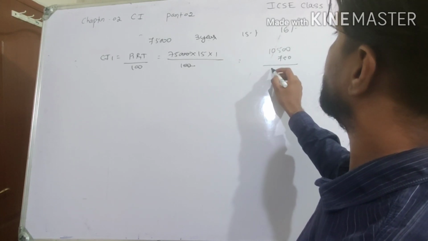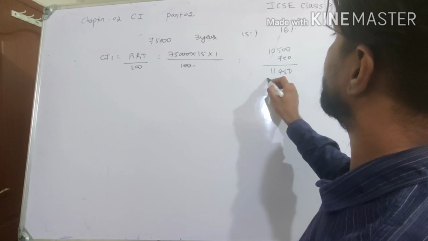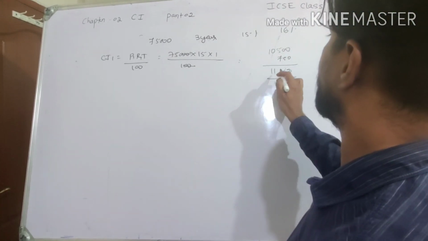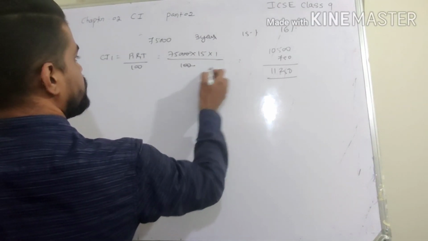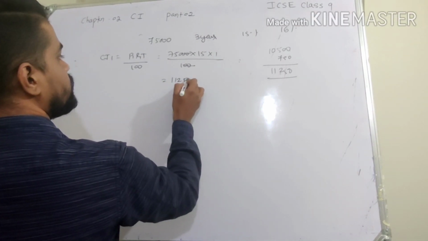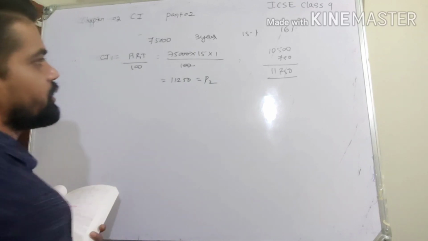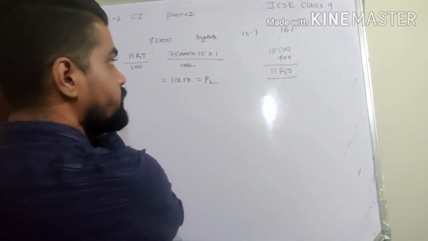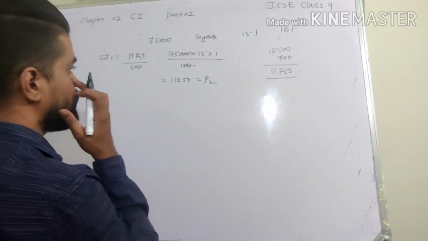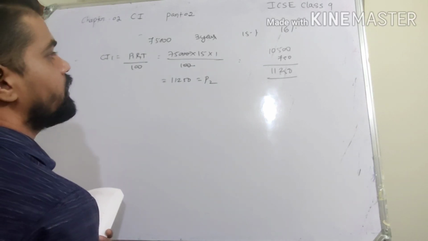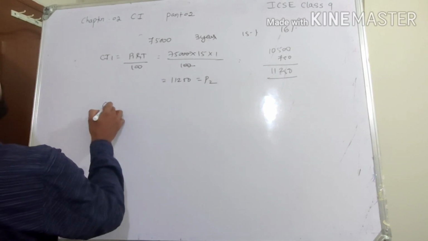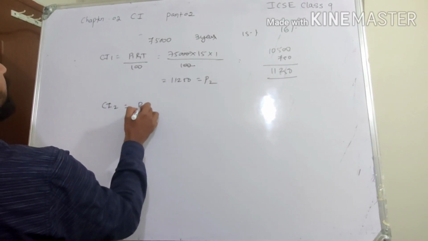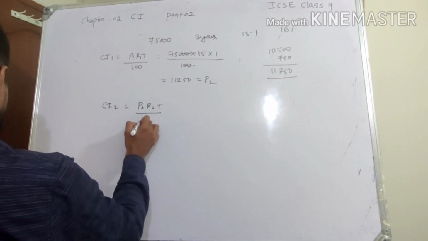So this will be 11,250. This is the P2. Check the calculation again. 15 700s are 10,500 and 15 50s are 750. Correct. Everything is correct. Now coming to compound interest for the second year, P2 R2 T by 100.